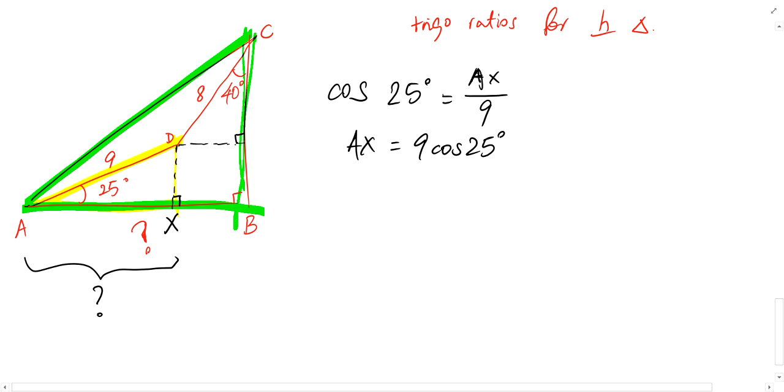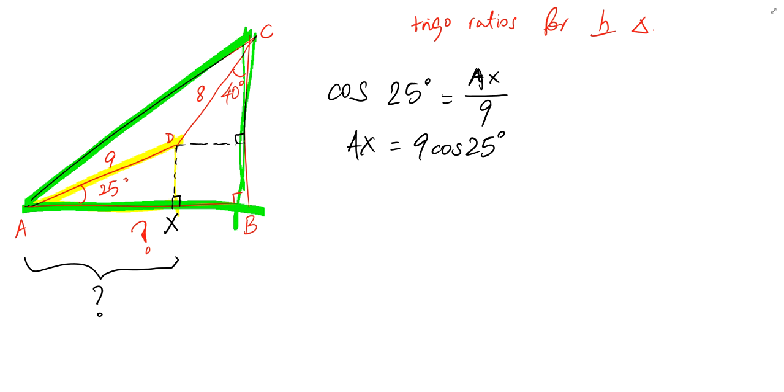Now I want you to think about it. Cosine 25 degrees. What does that give us? Is it an unknown or a number? Cosine 25. All press calculator now. Press the calculator and see for yourself that it is simply a number.